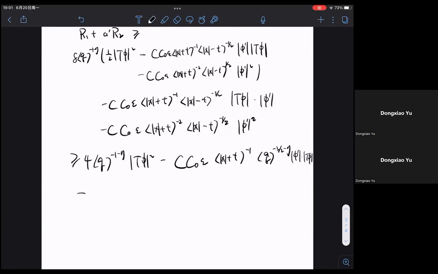The third term, c0 epsilon, (x plus t)^{-2} q^{-1/2 minus eta} φ prime squared, because 1/2 minus 1 minus eta, so -1 minus eta φ prime squared.